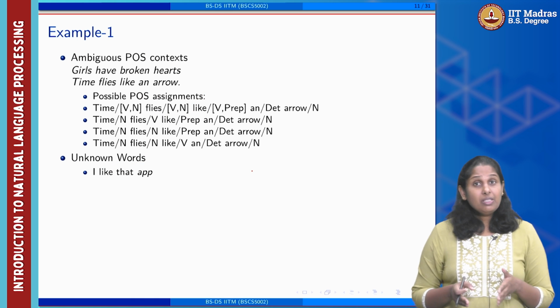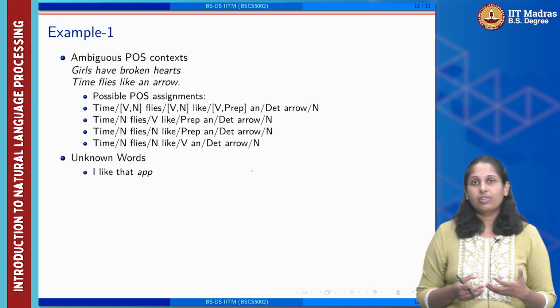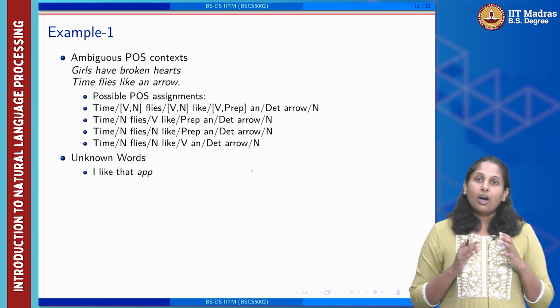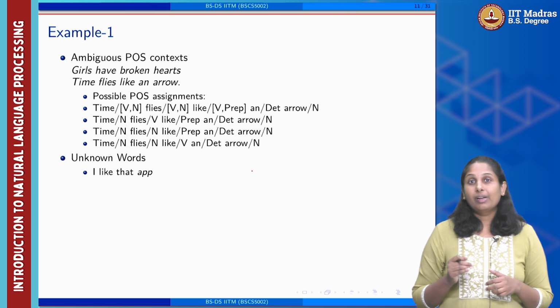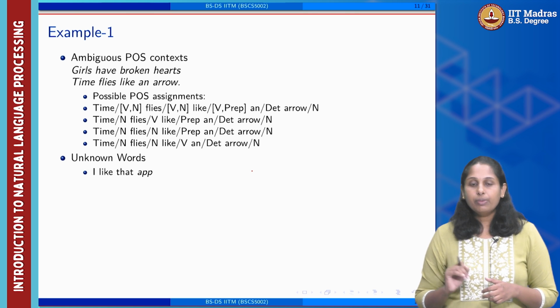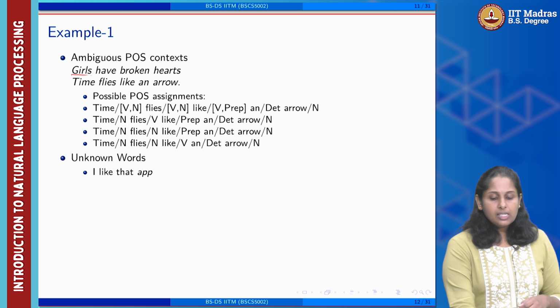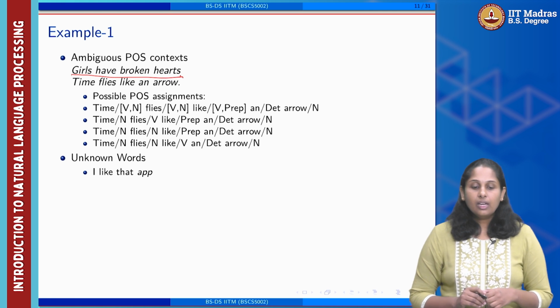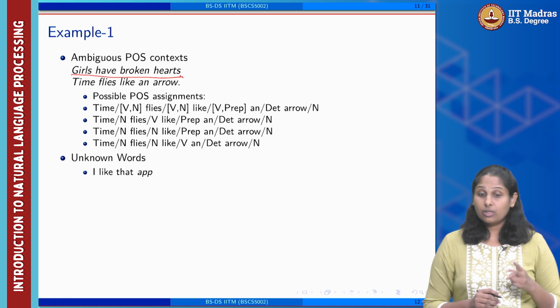Now, the problem is well understood that language itself encodes a lot of ambiguity within the word. Understanding that ambiguity and trying to disambiguate it lexically is done by POS tagging. Let me give some more examples, like girls have broken hearts, right. If I ask you to disambiguate this one, it has two senses.